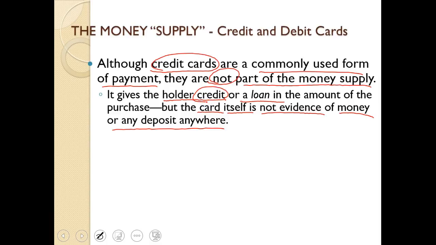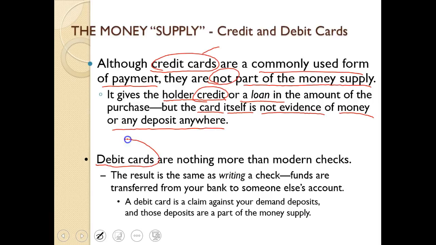But in no way does it say that because you made this purchase with a credit card, you actually have that amount of money deposited anywhere, readily available to cover the credit card debt. So there is no transfer of actual money there. There is a transfer of a loan, but there is no transfer of money. And as a result, credit cards are not part of the money supply.